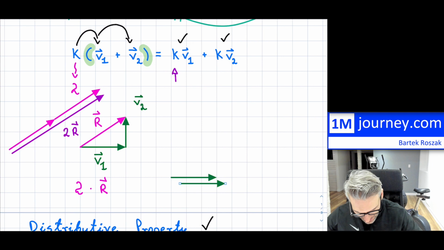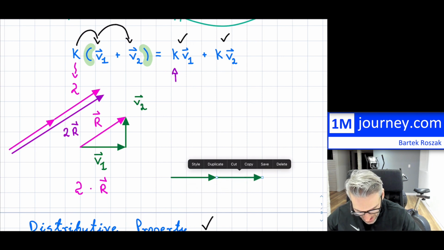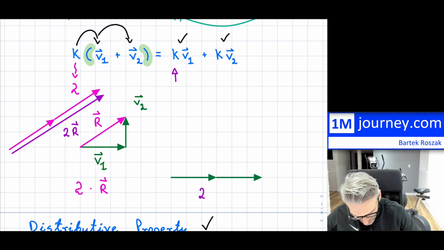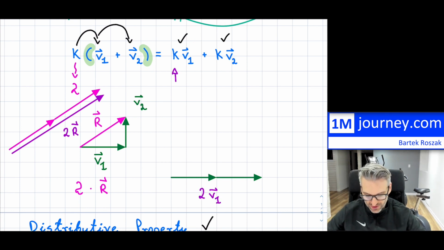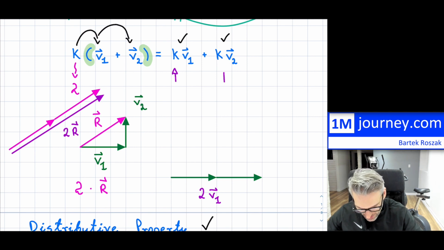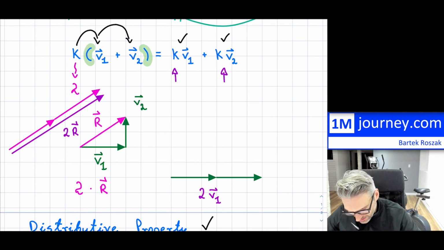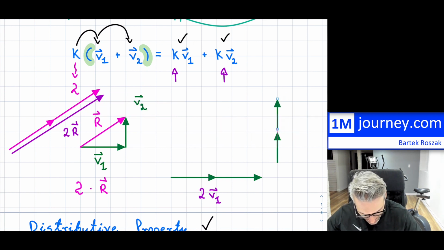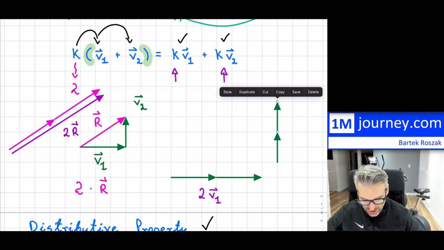So I'm going to duplicate this, making 2 times v1. That's my resultant vector there. Plus this right here, which is going to be 2 times v2. So I'm going to duplicate this for myself over here, and now it's 2 times that. So here's my other resultant vector.